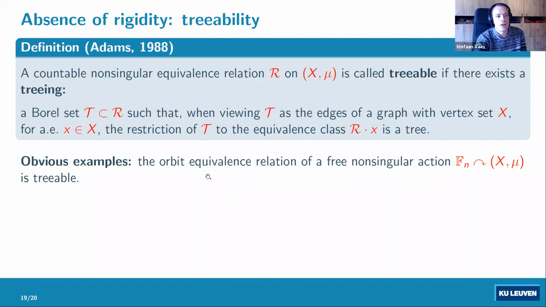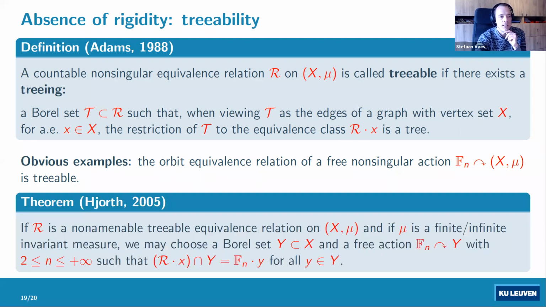And actually, these are essentially the only examples, because that's a truly non-trivial theorem of Hjorth, that essentially the only treeable equivalence relations come from free actions of the free group. If R would be amenable, it's always treeable, and you get a Z action, that's the kind of silly case.